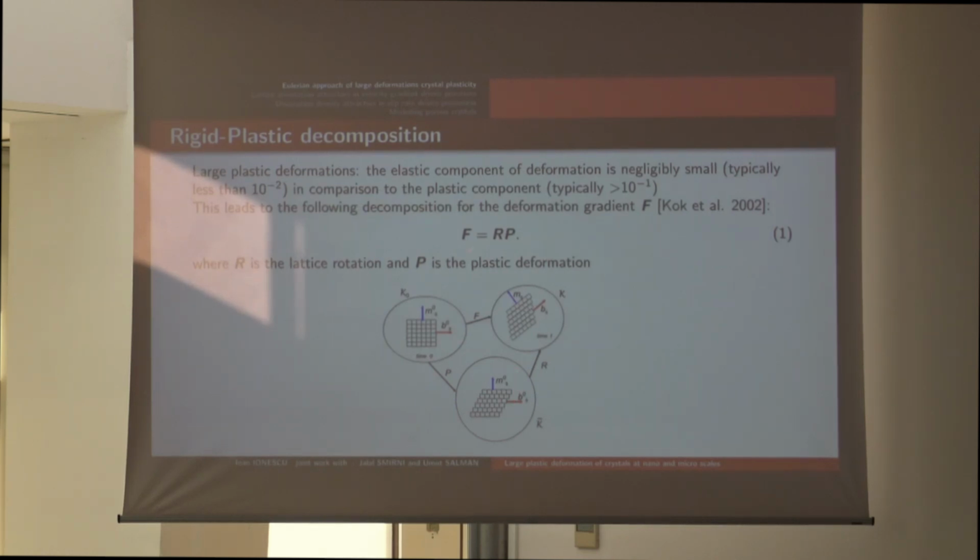That means that in this description, we don't have any elasticity. It also simplifies the model. The problem when you have elastoplastic problems is that plasticity is more simple to express in Eulerian coordinates, and elasticity is more simple to express in Lagrangian coordinates.